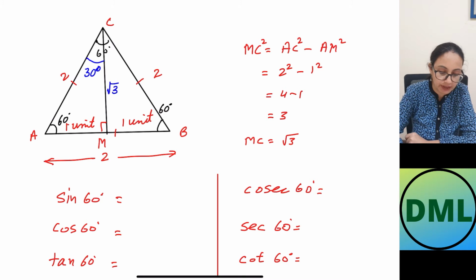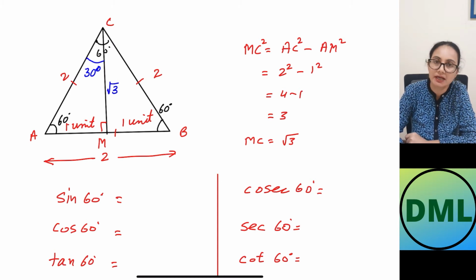Now as we know that in equilateral triangles, all the angles are 60 degrees. So if I drop the perpendicular from here, this portion of the angle is 30 degrees, half of 60 degrees. So if I consider the triangle ACM, I have 60 degrees at A and 30 degrees at C. So I will write down the values for sine, cos and tan 60 degrees, sine, cos and tan 30 degrees also from this triangle.